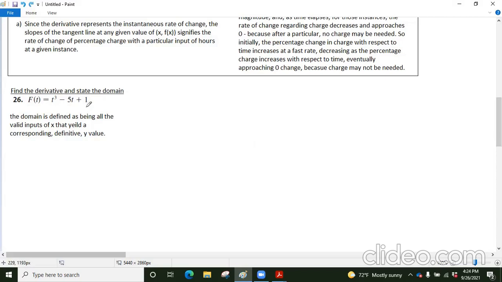And at this point, it wants you to use the limit definition of the derivative. So we're going to go ahead and do this on the side here.